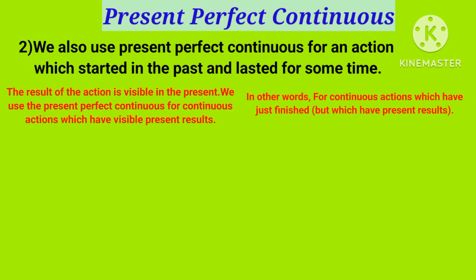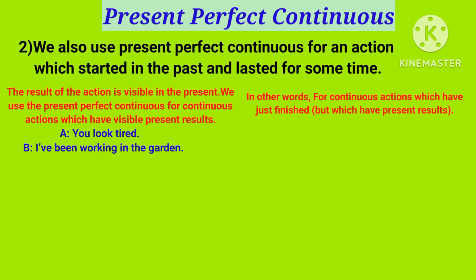In other words, for continuous actions which have just finished but which have present results. Look at these examples. You look tired, A says. B answers, I've been working in the garden.